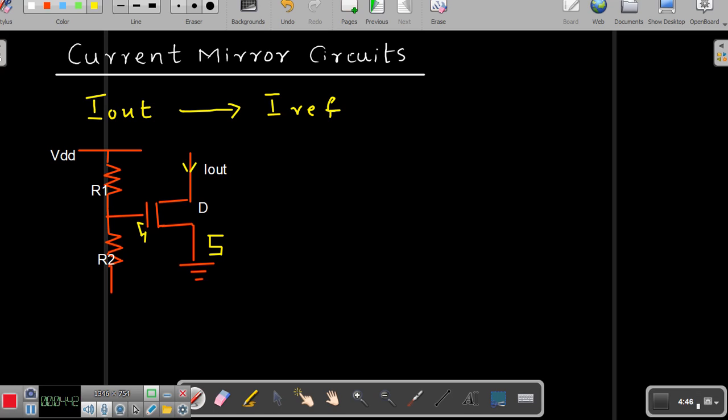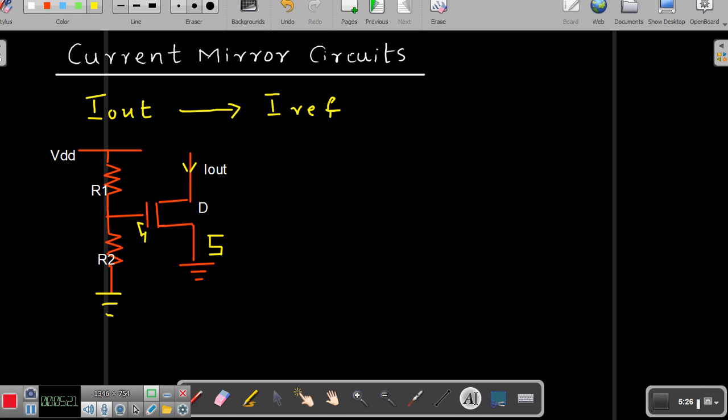Now, when I have the things like this, this represents a basic current mirror circuit, and this basic current mirror circuit is referred to as the circuit in which the output current is forced to equal the input current.